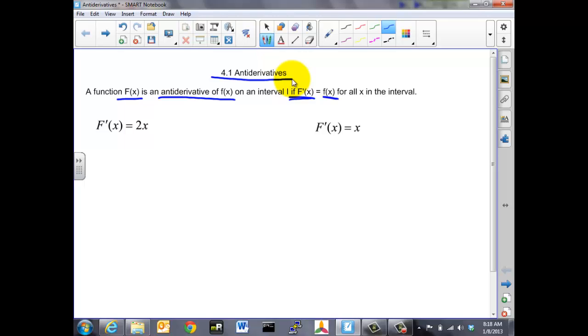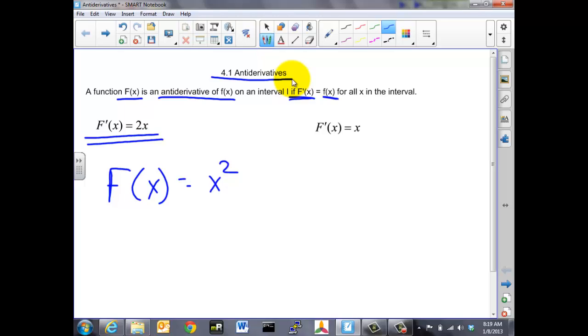So let's look. If this is our antiderivative, if this is f prime, who can tell me what f would be? If f prime is 2x, what function has 2x for a derivative? X squared. Okay? It's pretty simple, isn't it? So far, so good.